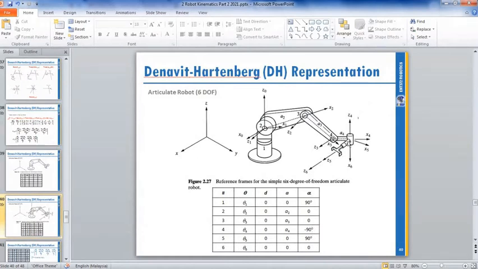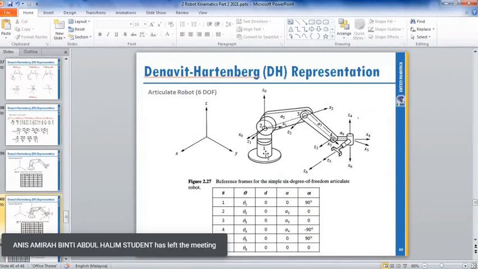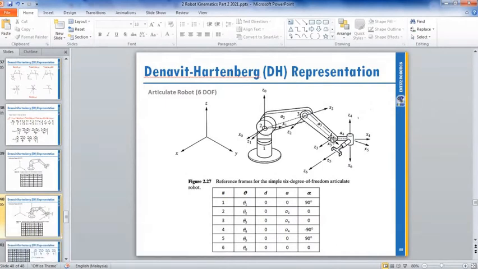You design your robot this way. So you go from horizontal to vertical, and then you put joint number 4 vertical. So this is your mechanical design. And then joint 5, you have rotation here.